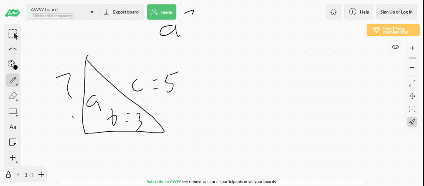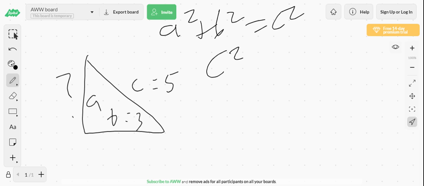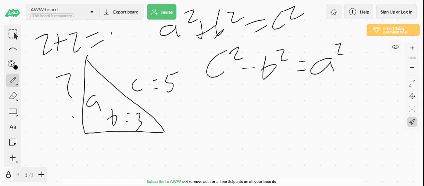So we have to do a slightly different formula. So instead of a squared plus b squared equals c squared, we want c squared minus b squared equals a squared. And if this doesn't make too much sense, here's a perfect example. 2 plus 2 equals 4. Let's say this is A, B, and C. Well, let's say that's gone, right?